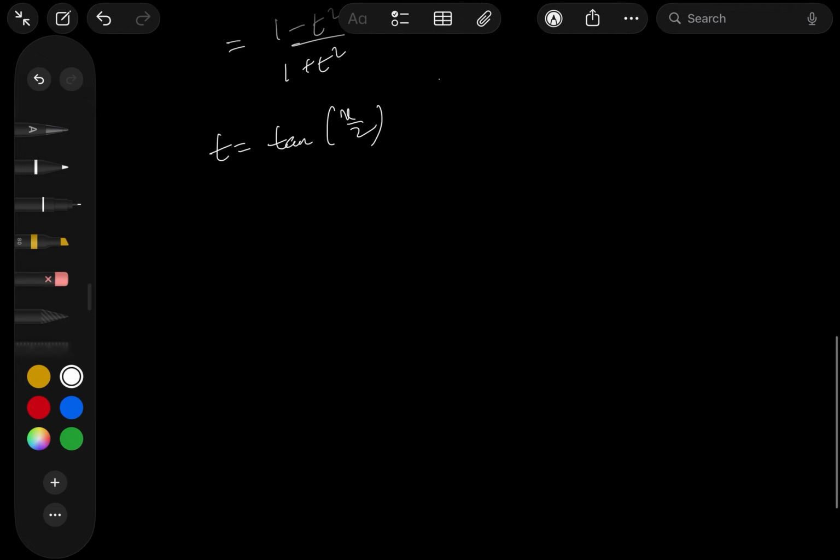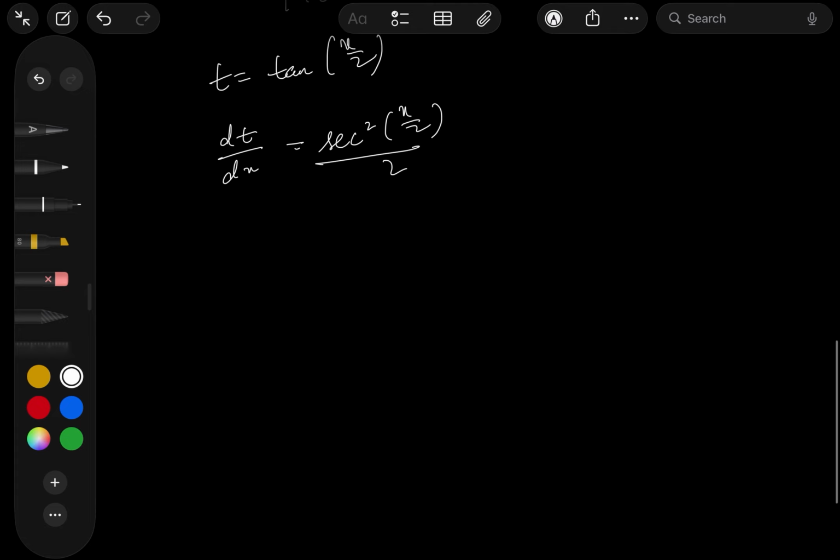So we know that dt by dx is equal to sec square x by 2 over 2, which gives us dx is equal to 2 dt over sec square x by 2.